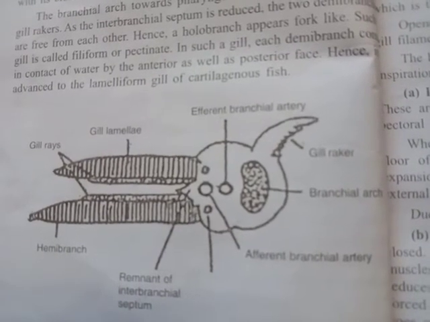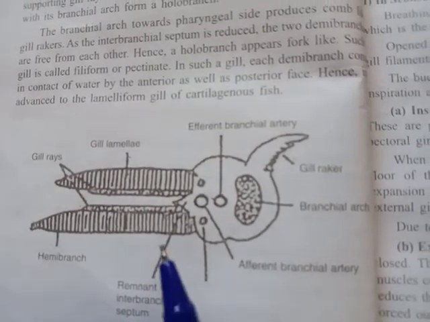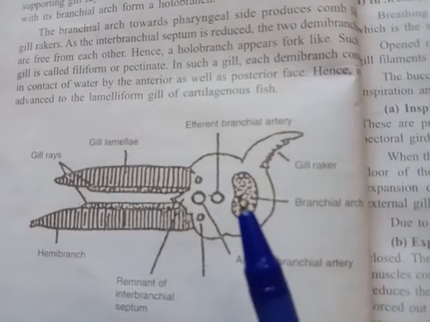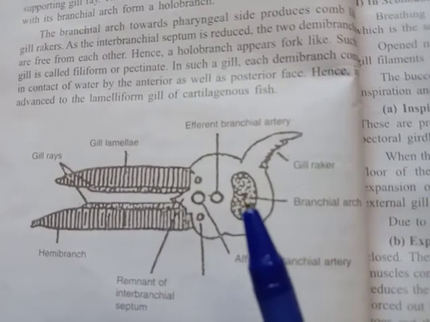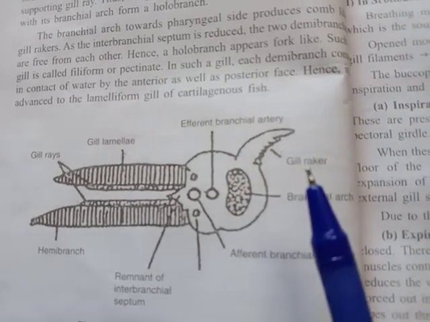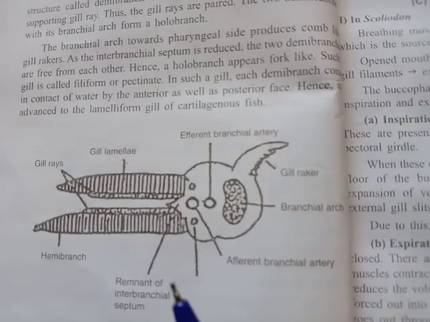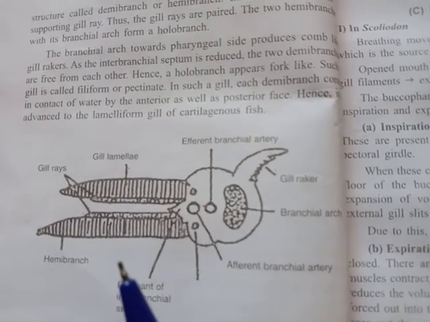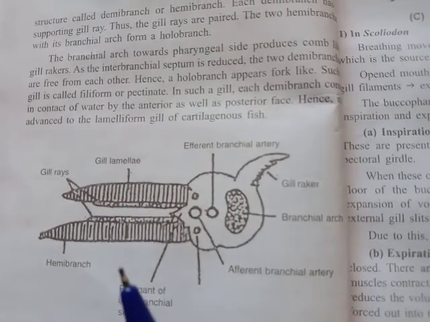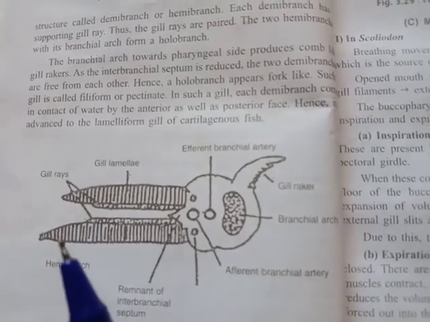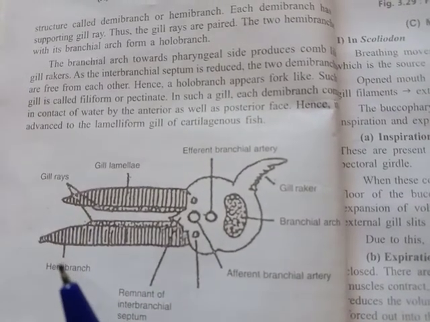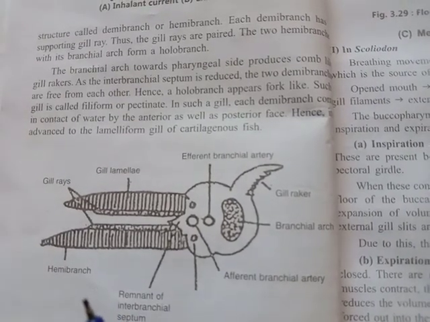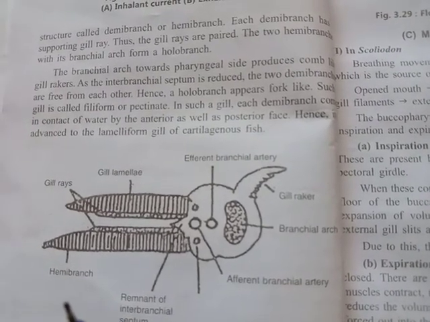The branchial arch towards the pharyngeal side produces a comb-like structure called the gill raker. As the interbranchial septum is reduced, the two demibranches are free from each other. Hence, a holobranch appears fork-like.